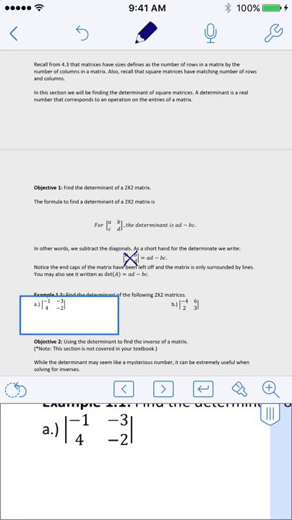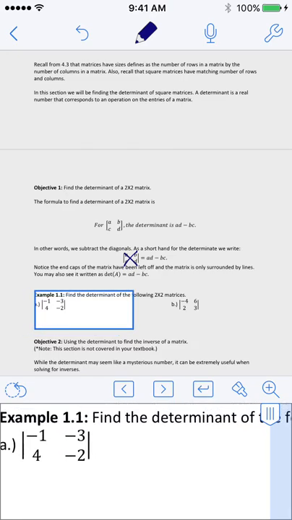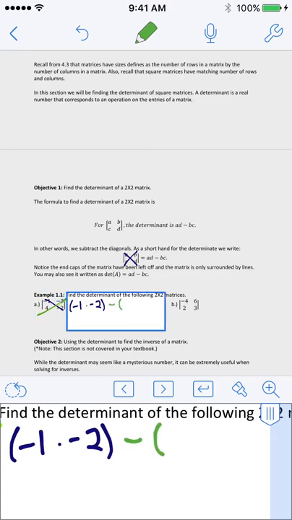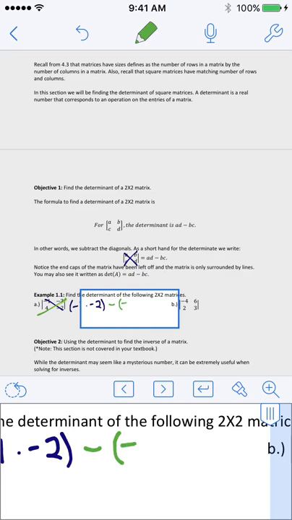So let's go ahead and find that determinant. We're going to take this diagonal and multiply it together, so -1 times -2, and then subtract it from this diagonal, -3 times 4.